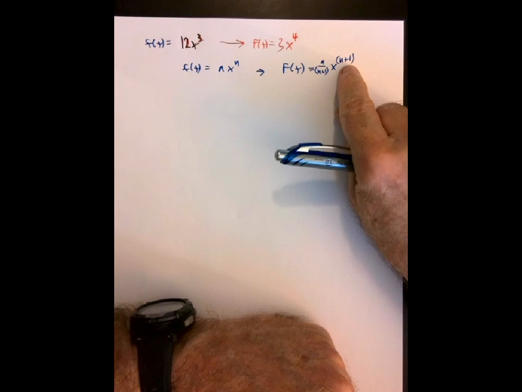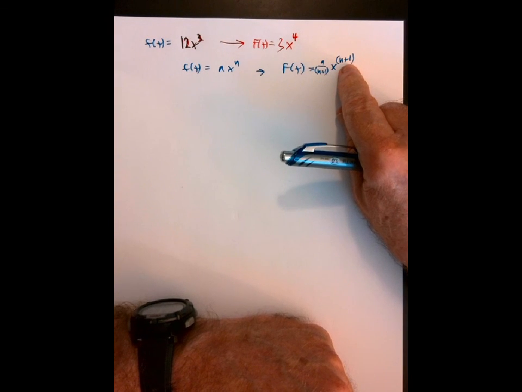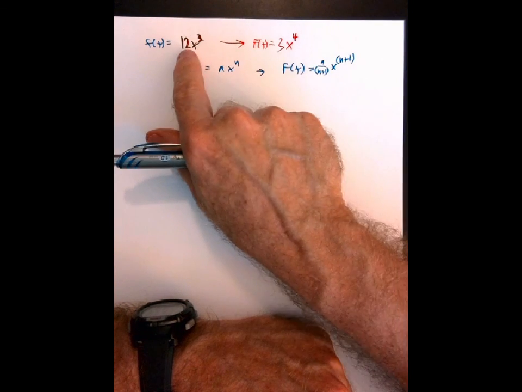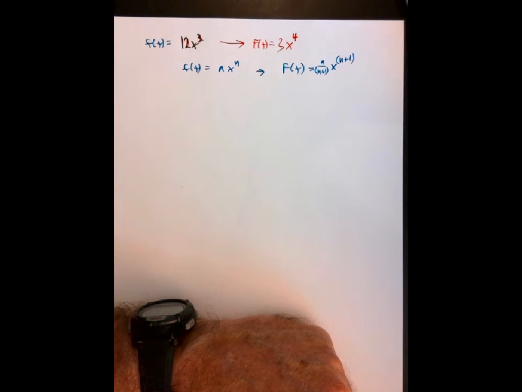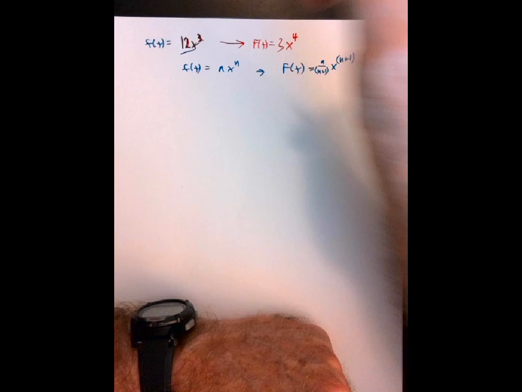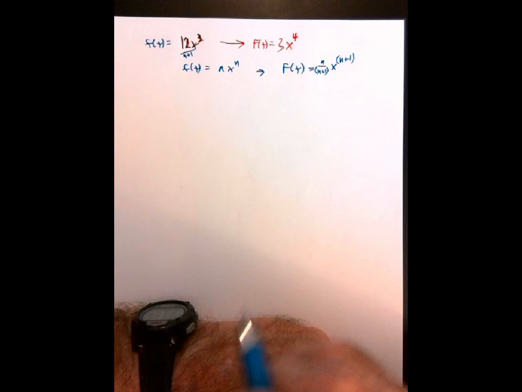We added 1 because we're working backwards to the bigger function rather than subtracting 1 like we did with the derivative. And notice here, how did we get from 12 to 3? Well, we divided 12 by 3 plus 1.